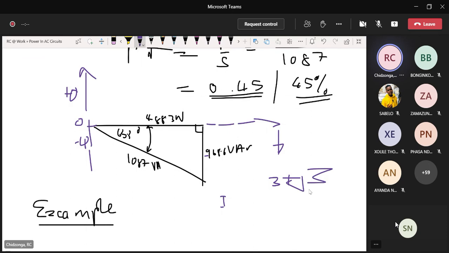If this is a complex number here, the conjugate of a complex number is simply going to be this minus that. Are you with me? Yes. It will be 3 minus j3. In the example that I've given you, it's of no consequence because there is no angle in the current because it's a pure resistor, as I've given it.